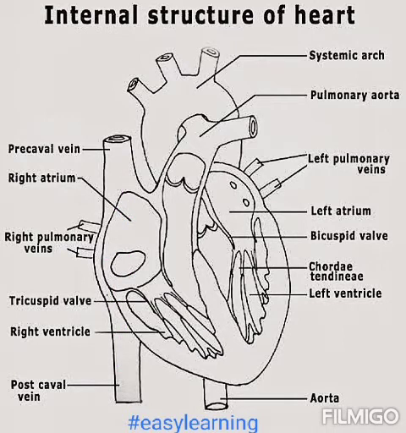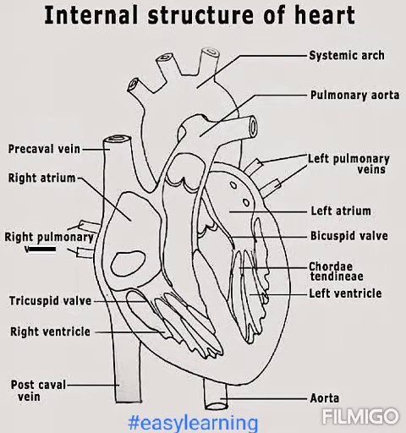The right atrium drains the deoxygenated blood into the right ventricle. From the right ventricle arises the pulmonary artery that bifurcates into right and left arteries that supply deoxygenated blood to either side of the lungs respectively.